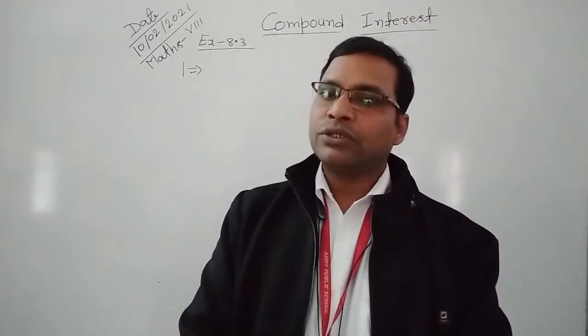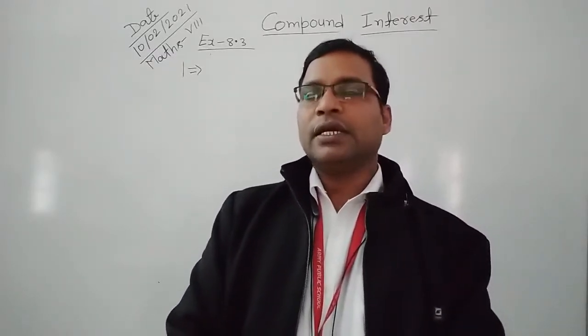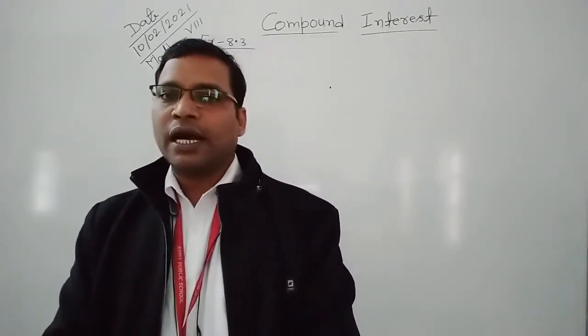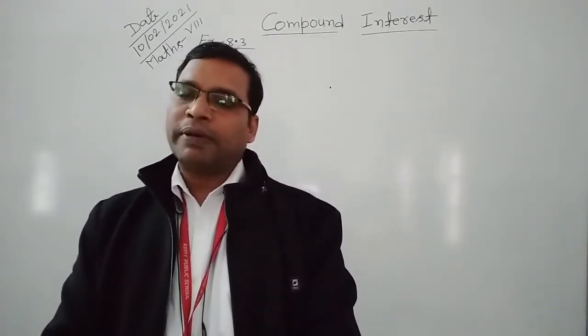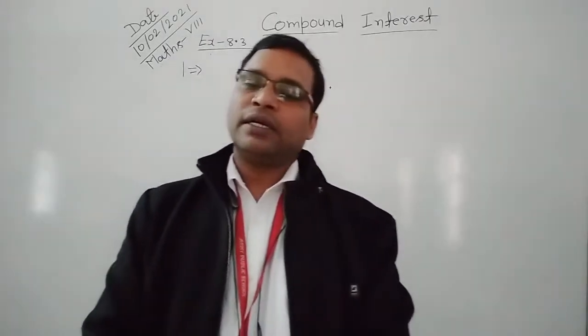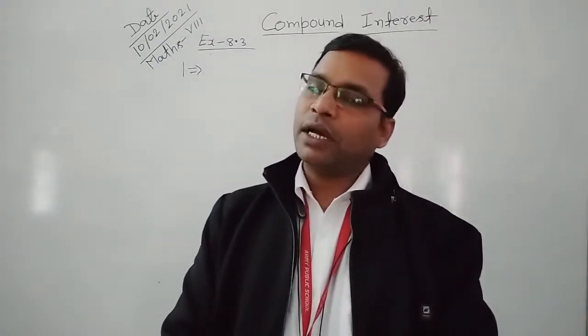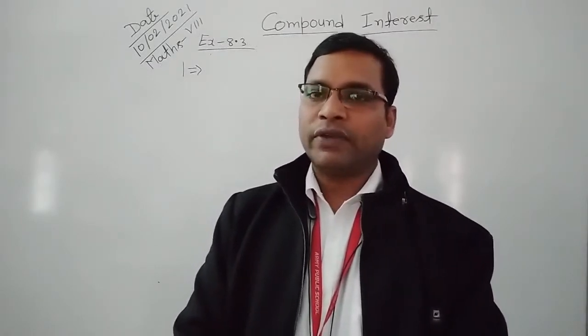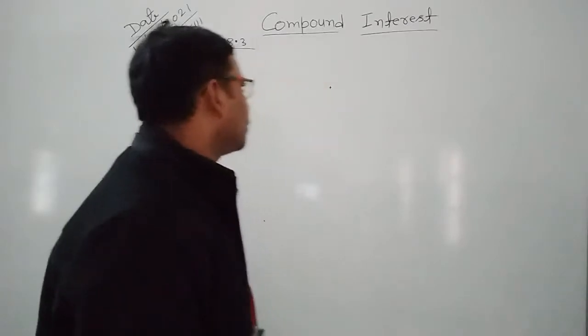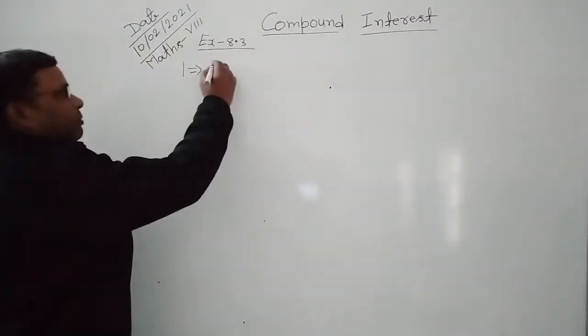This is clear. So we find the amount, which is equal to principal into 1 plus r by 100, power n. In this formula we find the amount after 1.5 years compounded half yearly. So let's see how to solve this question. In this question you can see the principal is given here.